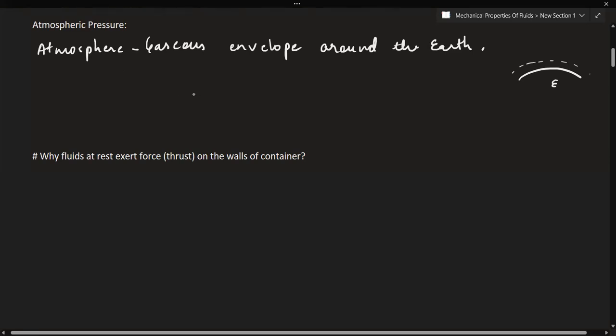But we have a device, barometer, which measures it. So the measured value of atmospheric pressure on Earth is exactly 1.013 into 10 to the power 5 pascals. And you have to learn this because many a times it won't be given in the question.